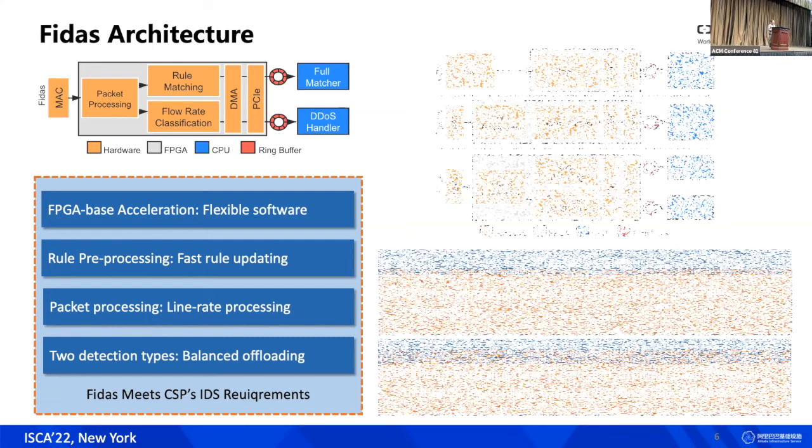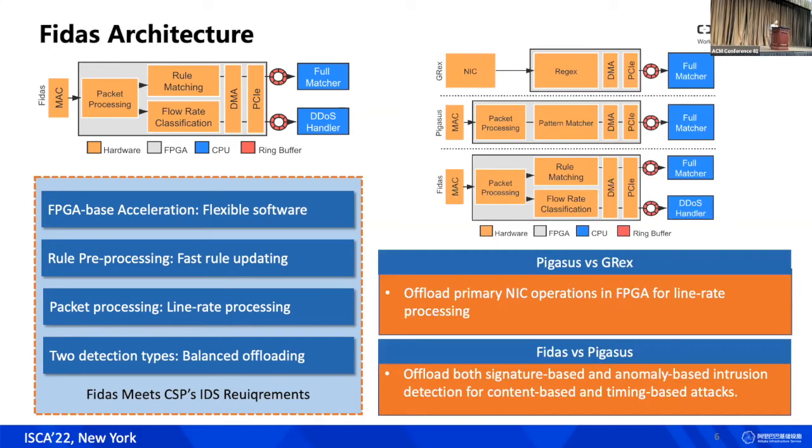So if we put our solution into perspective, compared to the relatively old technology like GRAX solutions, Pixels versus GRAX, they have improved the solution by achieving line rate, because they can process the packet in the FPGA while accelerating the pattern matching.